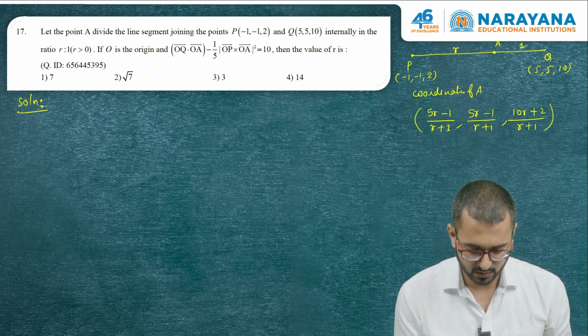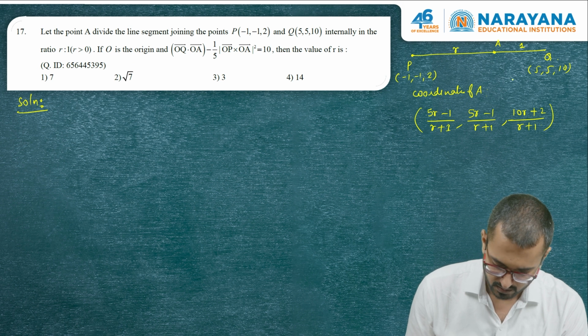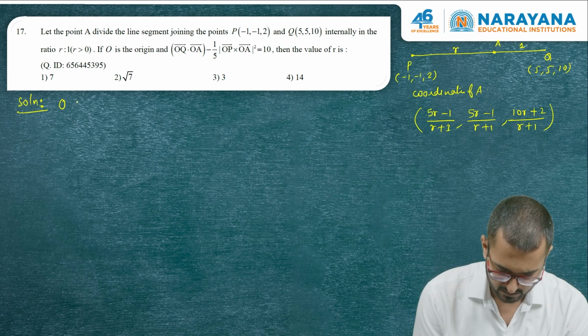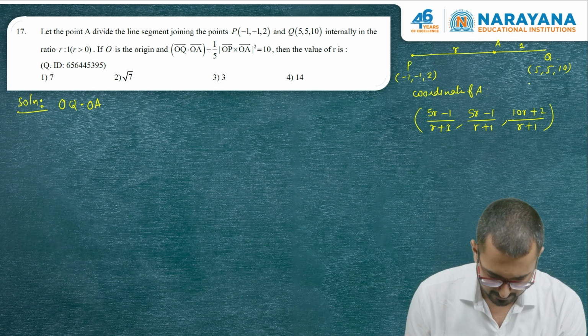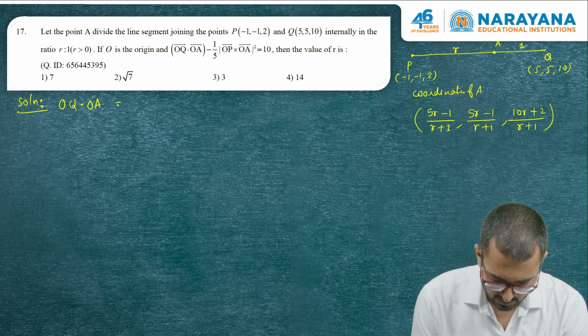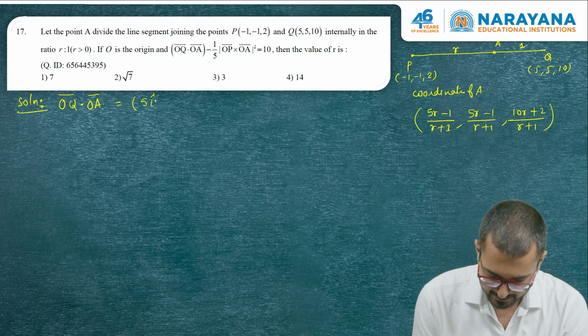Now they are saying if O is the origin, we have to find OQ dot OA. So Q is here, O is this. OQ, if I write it as a vector, is 5i plus 5j plus 10k cap, with this dot product with OA.